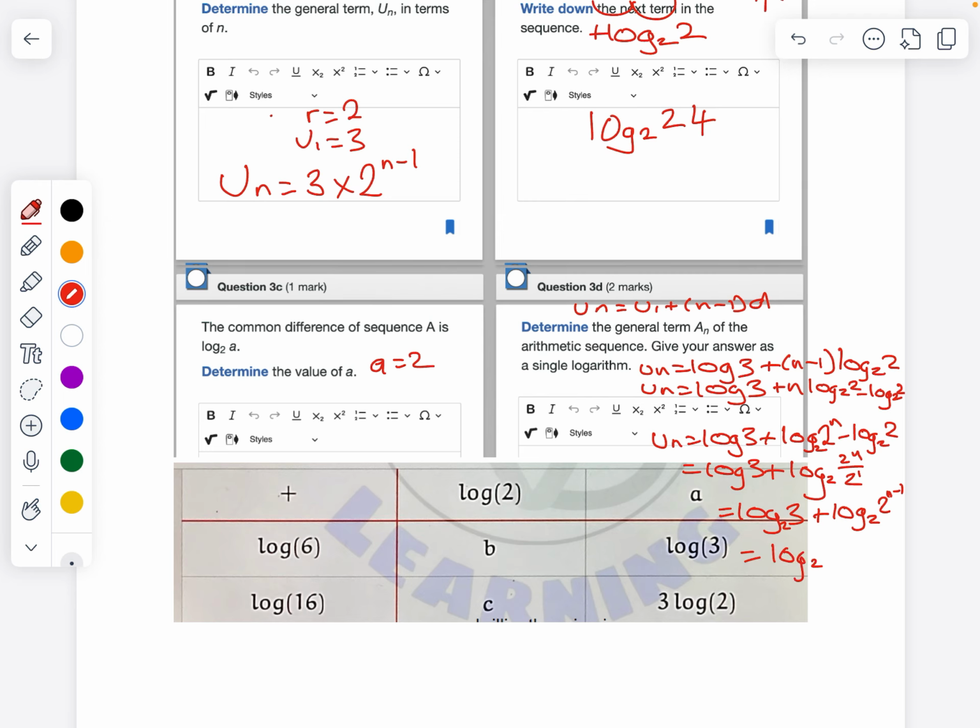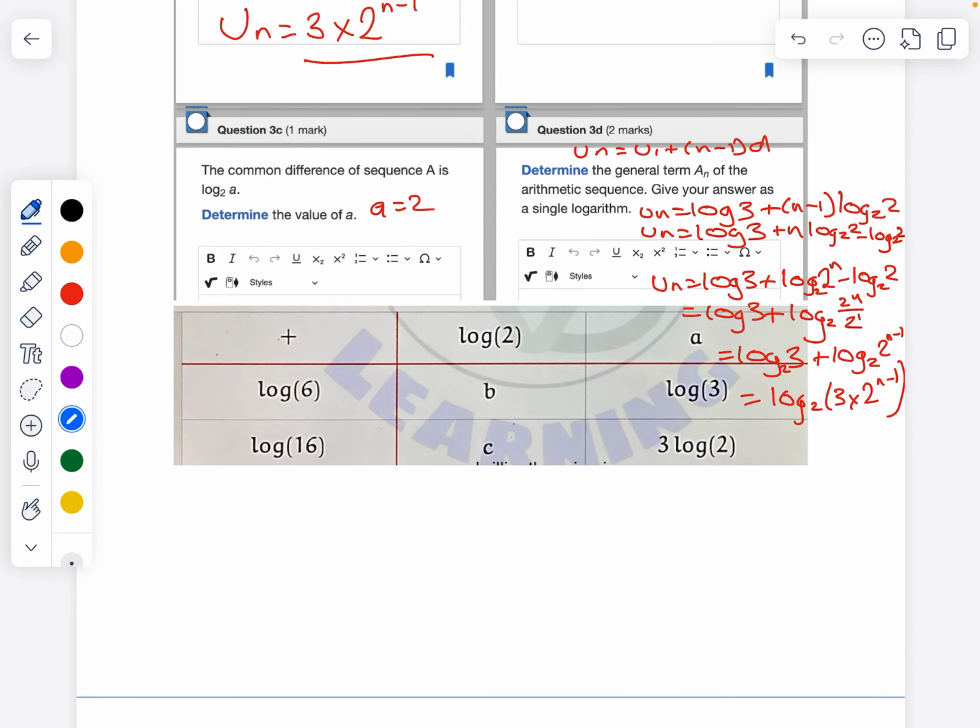It wants us to write it as a single log. So that just means, when we add, we multiply. So it's going to be log of 3 times 2 to the n minus 1. And if you notice, it's only worth 2 marks because it looks like this at the start.